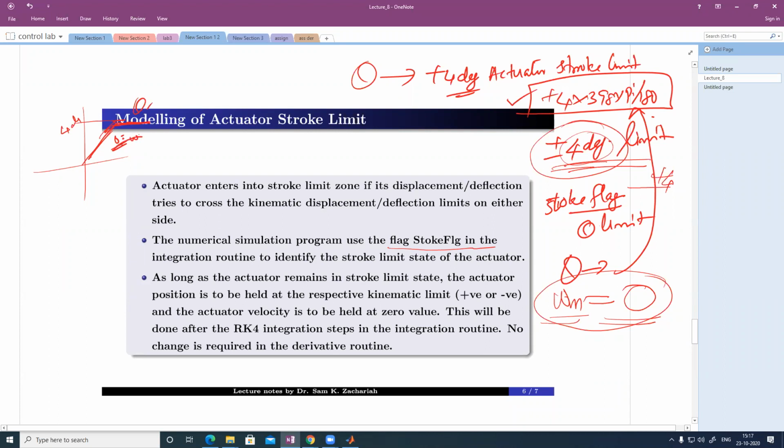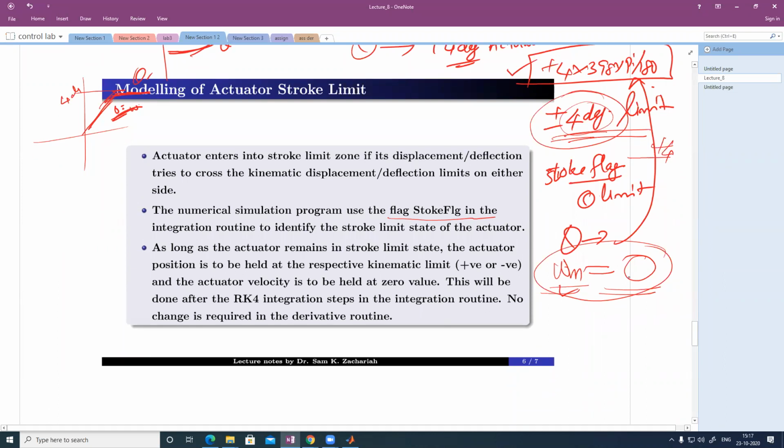So it moves from here to this maximum theta, and it has to stop here. For stopping you have to make omega equal to 0. So as long as the actuator remains in the stroke state, the position has to be held at the positive or negative kinematic limit, and the velocity must be held at 0.